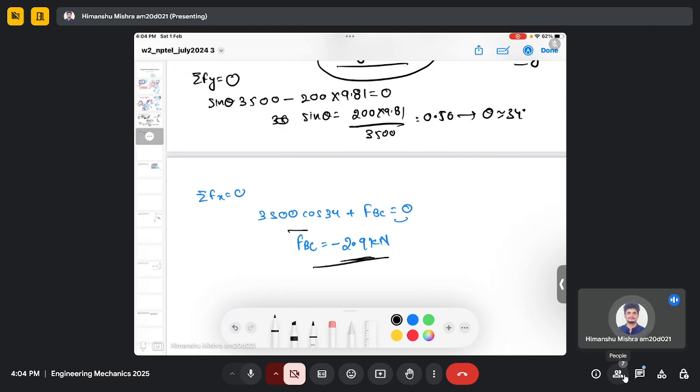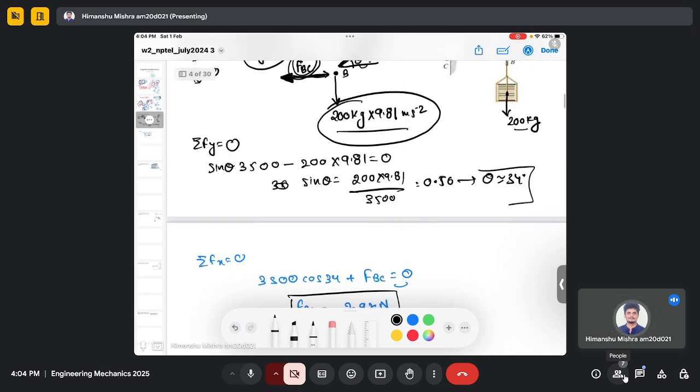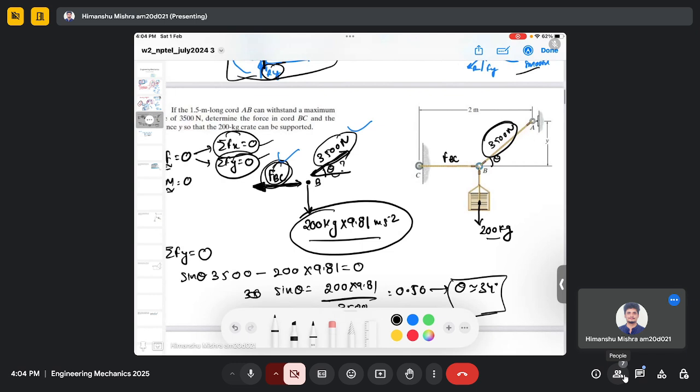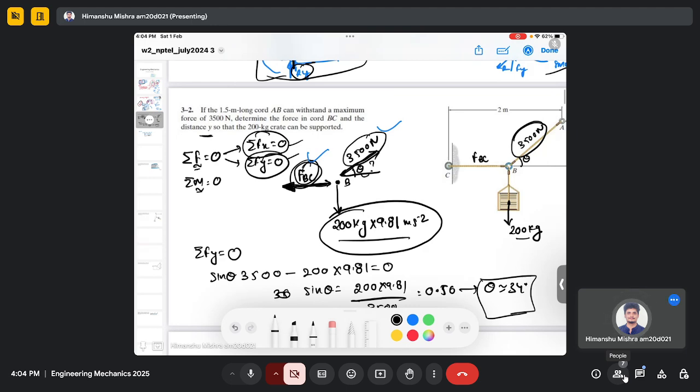So this is the force at BC, and this is the theta that we have found out. And now we need to calculate the distance y so that the 200 kg crate can be supported.